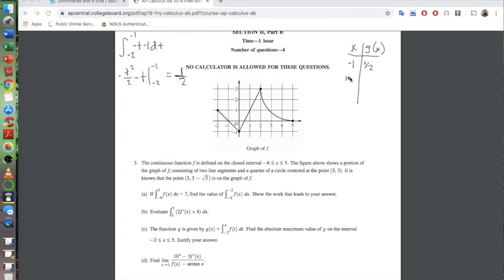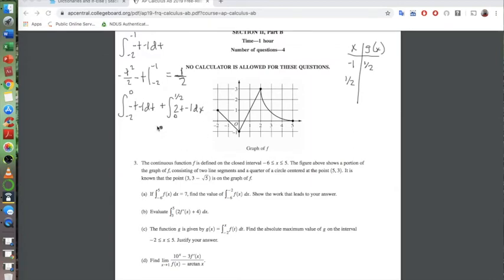Okay, the next one is right here. So we're at x equal to 1/2. And we can take the antiderivative from negative 2 to 1/2. We see that we have 2 line segments, and so we need to take the antiderivative of that first part from negative 2 to 0 of negative t minus 1 dt. And we're going to add to that the second part here, which is the antiderivative from 0 to 1/2 of this new function, which is 2t minus 1 dt.